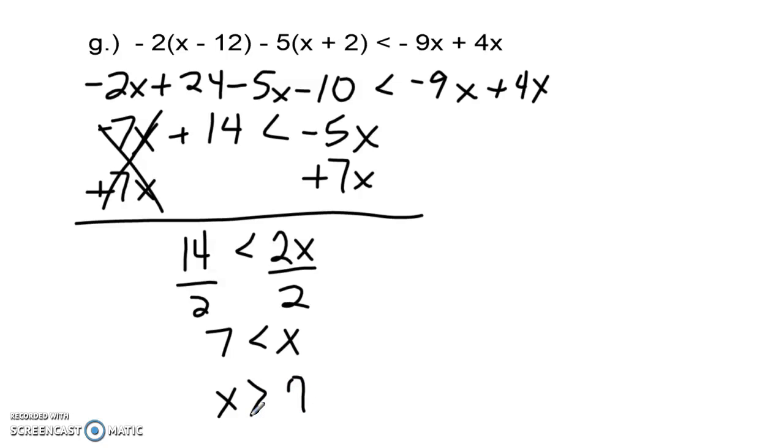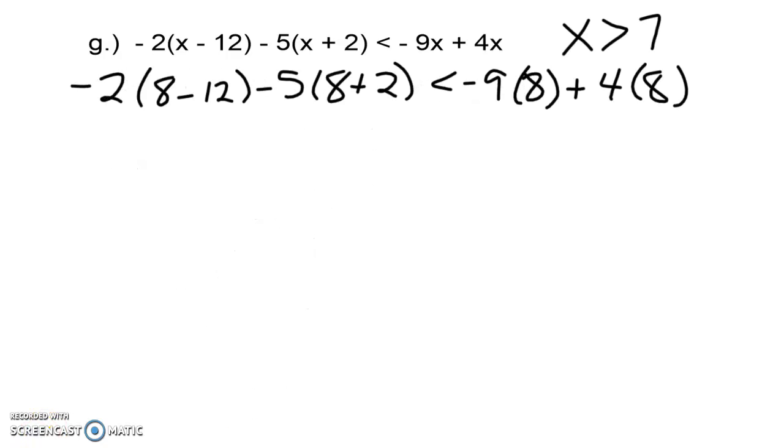Okay, so 7 is less than x if I read this again, which is also x is greater than 7 if I read it right to left. So if I want to switch the sides that the variable's on at the very end, I need to change the direction of my inequality to keep the inequality the same. Okay, so our solution we think is x is greater than 7.